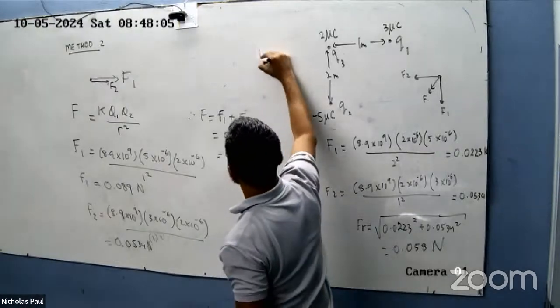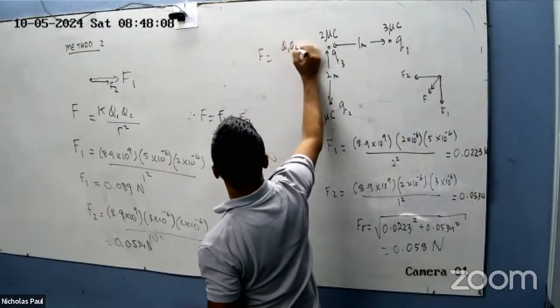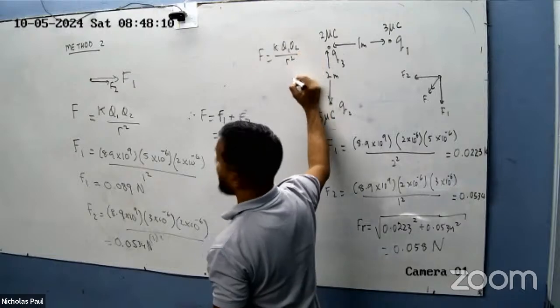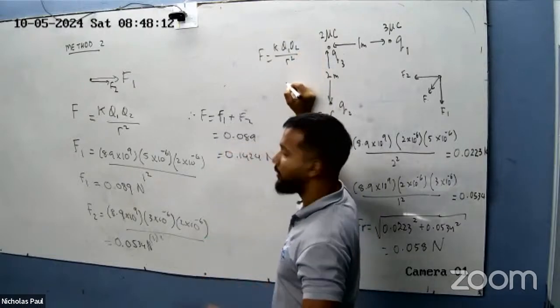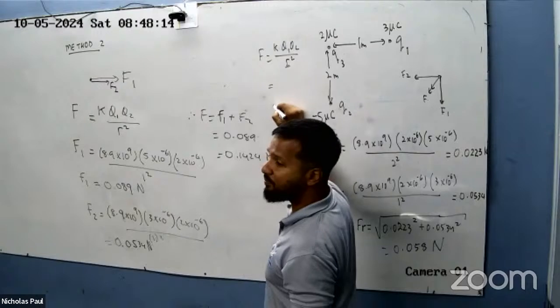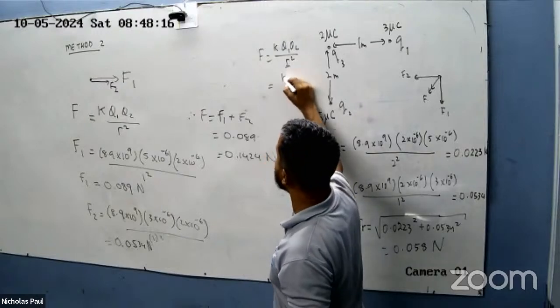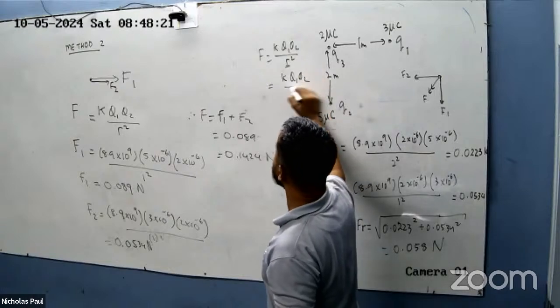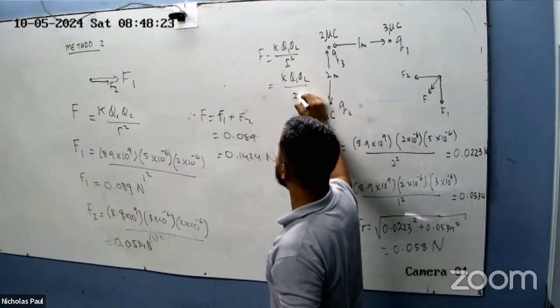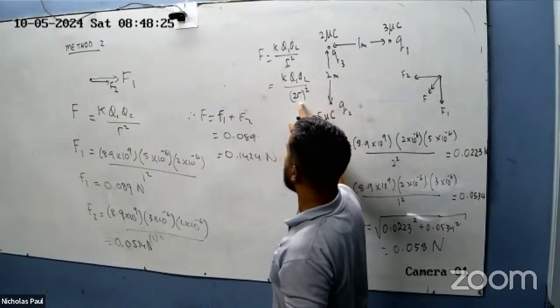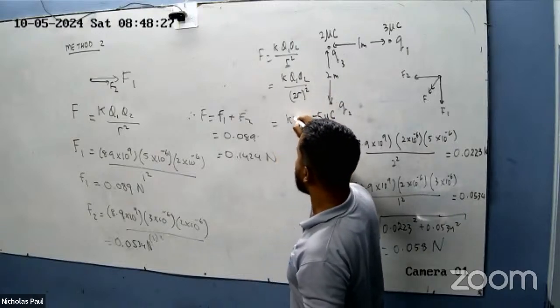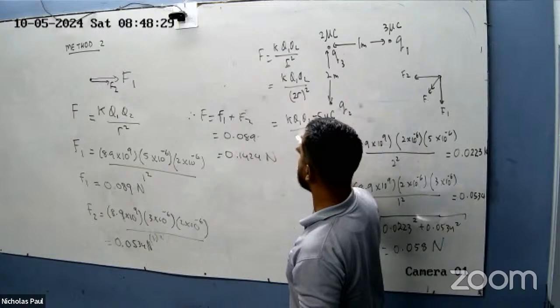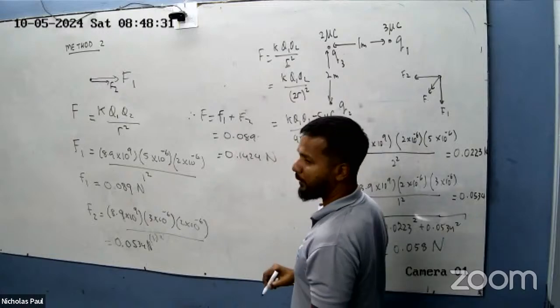Because the formula is F is equal to k Q1 Q2 by R squared. So if R is doubled, it will be Q1 Q2 by 2R all squared. When you square this, you'll get Q1 Q2 all over 4R squared.